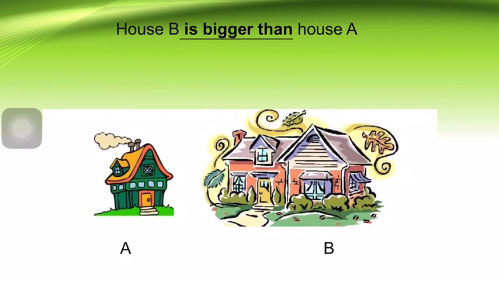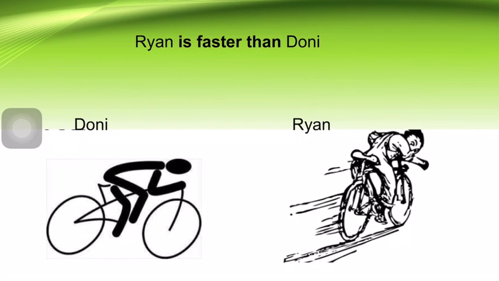Look at house A and house B. Which one is bigger? Yes, house B is bigger than house A. Look at Donnie and Ryan. Who is faster?